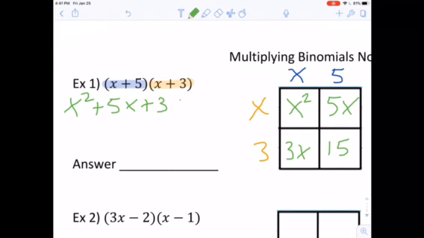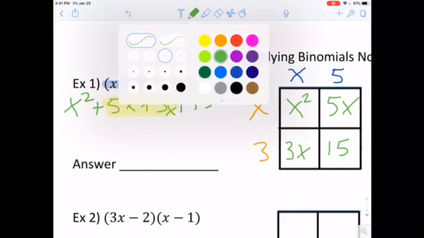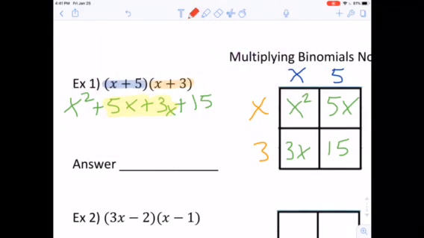and positive 15. When I look at this, I notice that I have a couple of like terms here. The like terms that I have are positive 5x and positive 3x. So those two terms are alike. I need to combine the two terms and write my final answer. My final answer is going to be x squared.